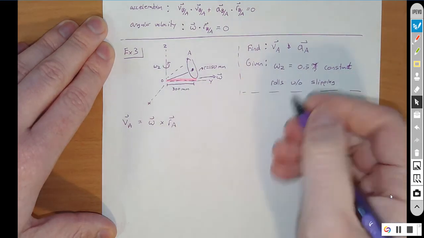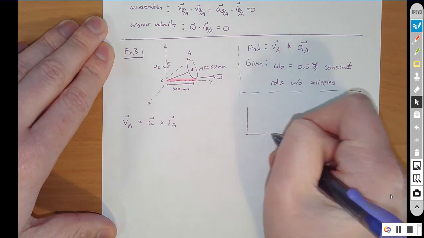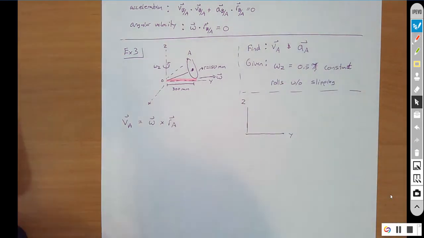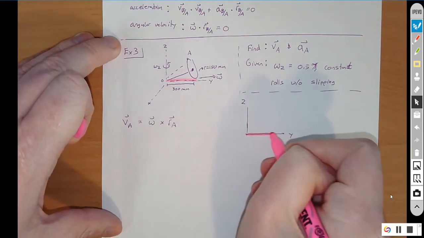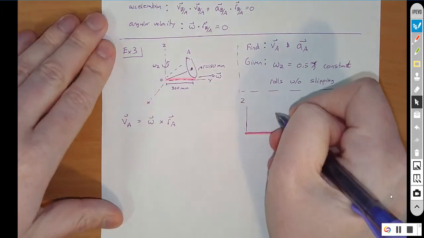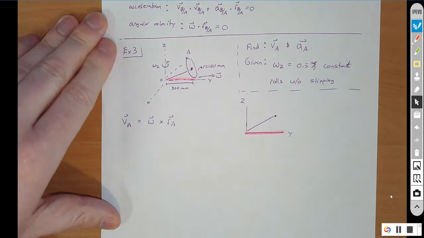So let's redraw this in 2D. We're just going to have our y-axis and our z-axis. Again, we know that we aren't rotating about this axis. I have my center, and I have this vector that goes to that.